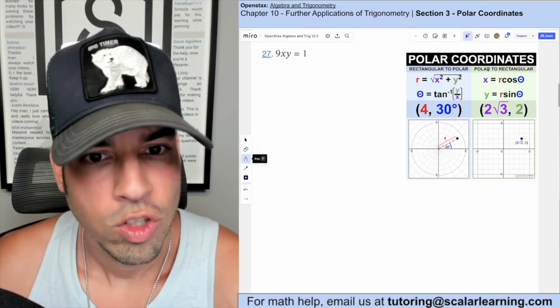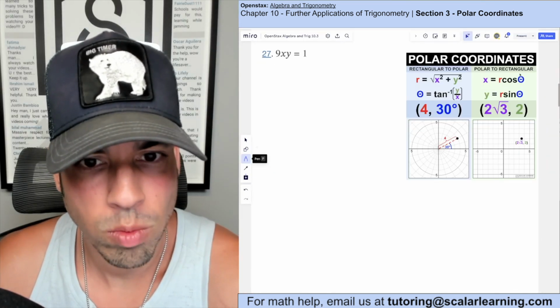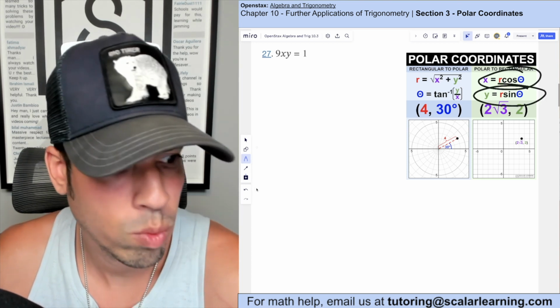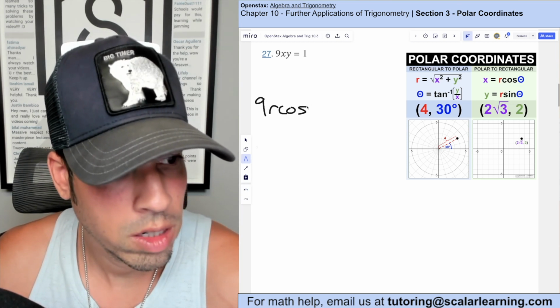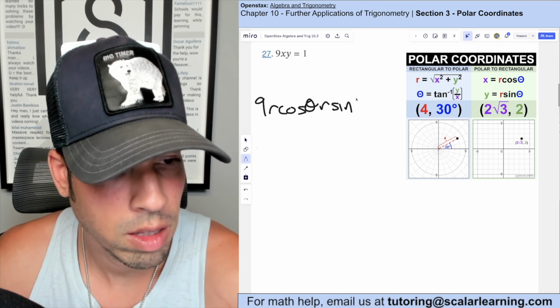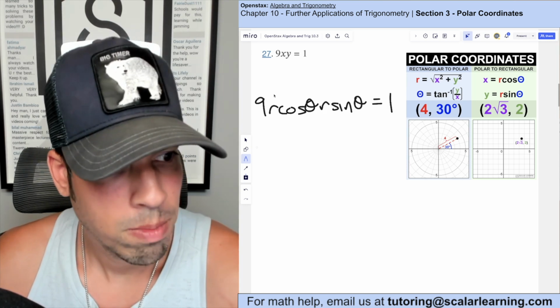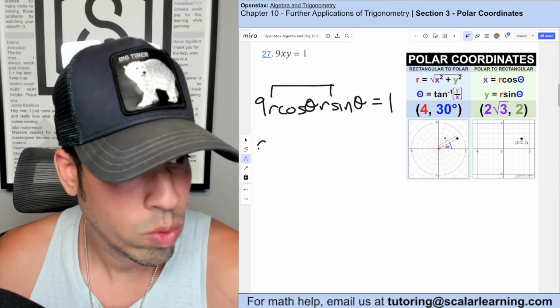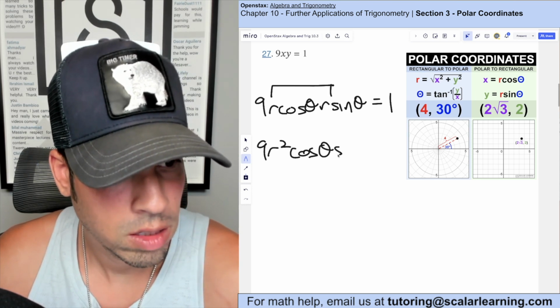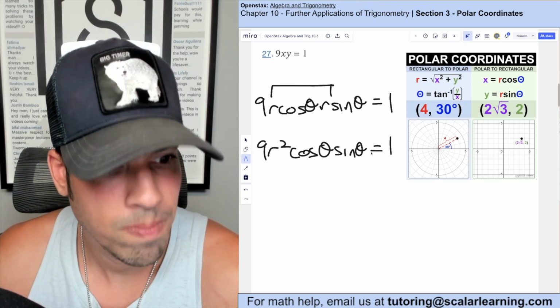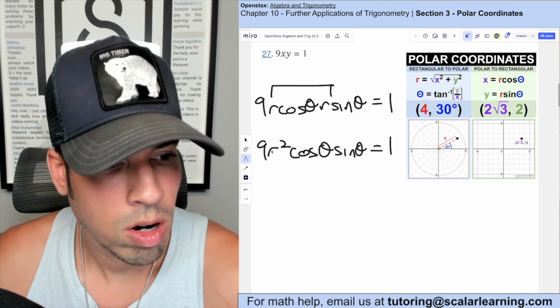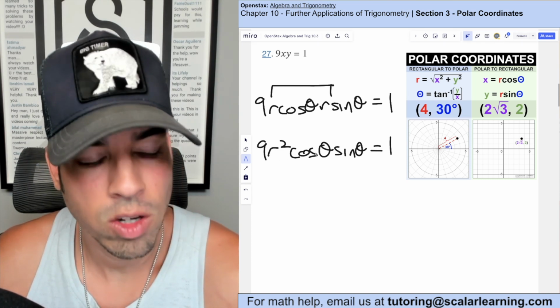Boom, done. So for this one, we're going to plug and chug. We're going to plug this in for x and this in for y. So I got 9r cosine theta r sine theta is equal to 1. Now we're going to combine like terms. R times r is r squared cosine theta sine theta is equal to 1. Now I'm going to isolate the r. I'm going to divide both sides by 9 cosine sine.